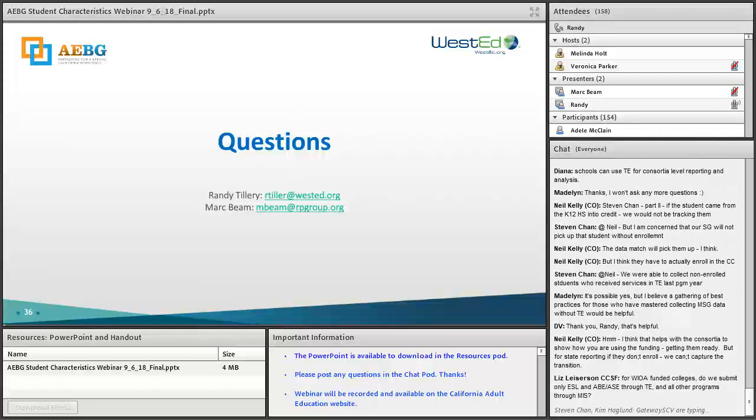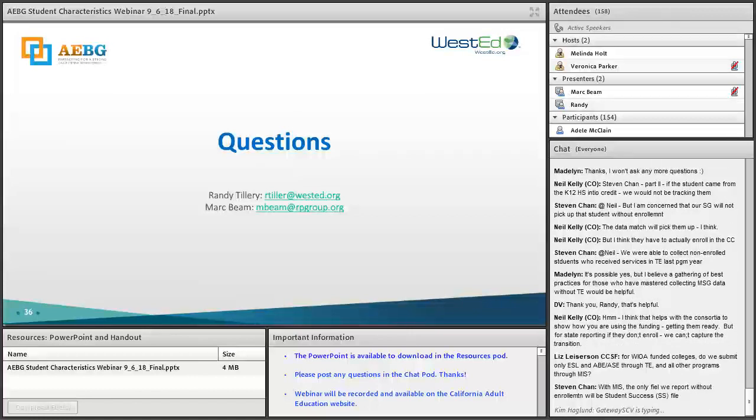We're getting way into the weeds and some back and forth here. There's a question. For WIOA-funded colleges, do we submit only ESL and ABE, ASE through TE and all other programs through MIS? That is actually a good question.